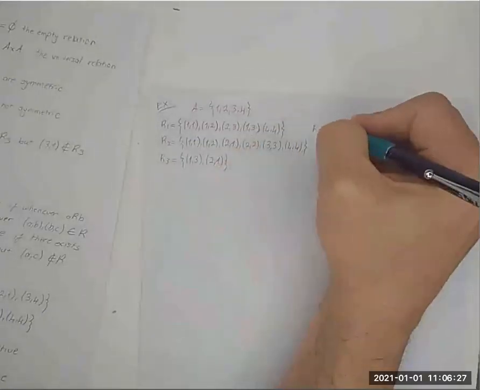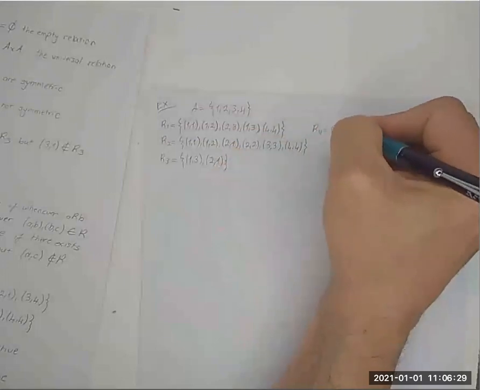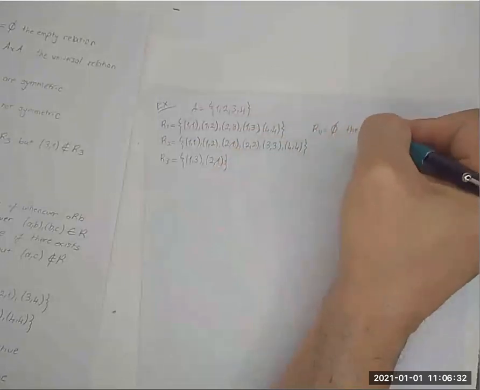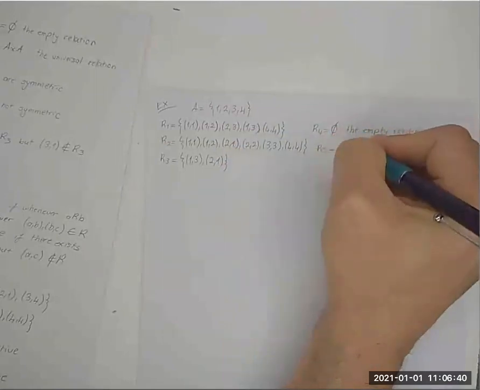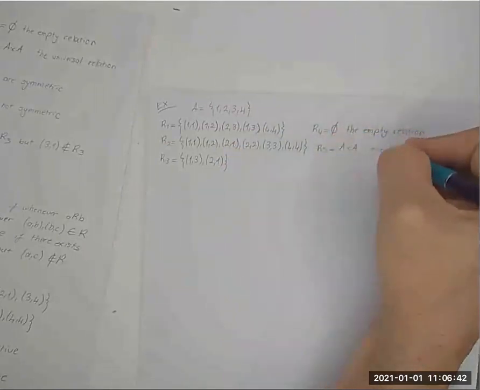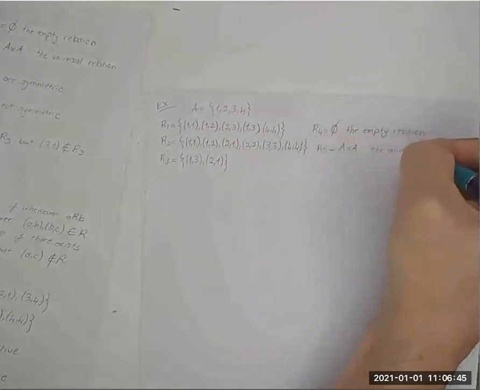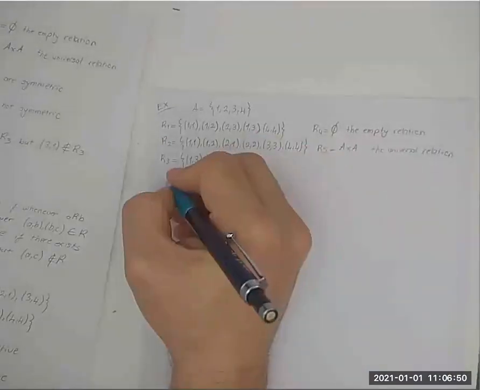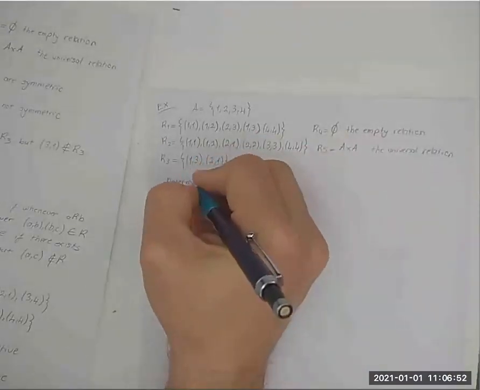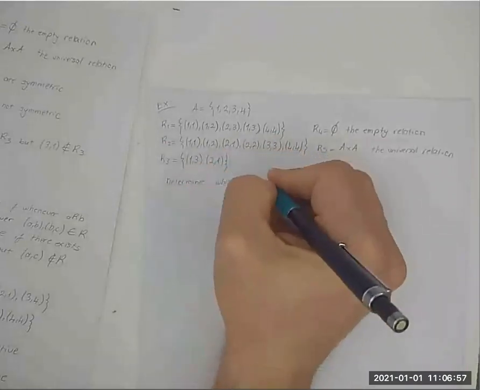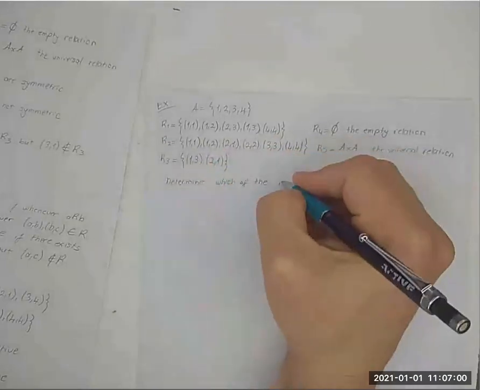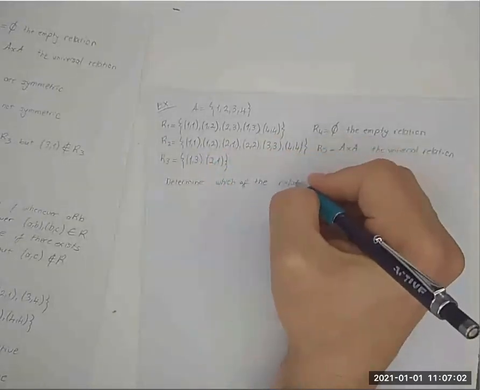And R3 is (1,3) and (2,1). And R4 again is the empty set of relation, and R5 is the universal relation set.